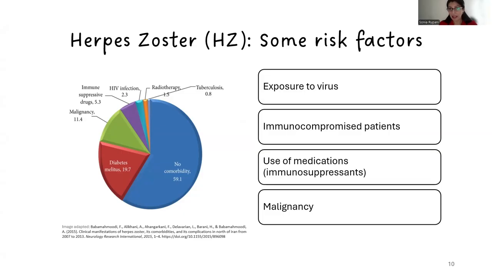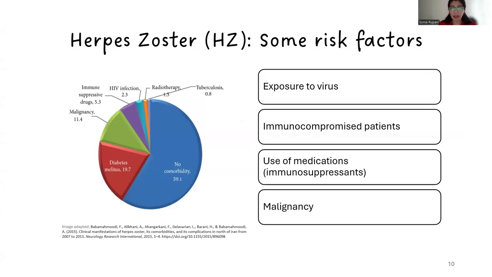Also, use of medications: immunosuppressants, corticosteroids, immunomodulators and so on, radiotherapy, all of these will suppress our immune system and therefore increase the risk of herpes zoster.